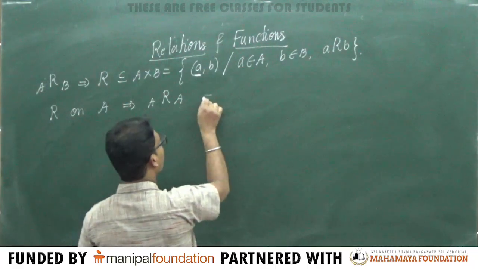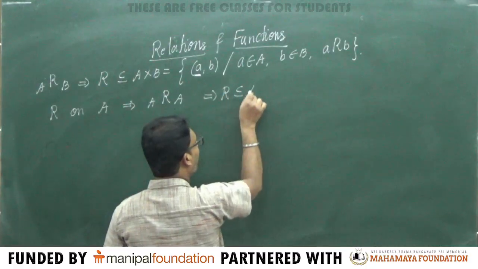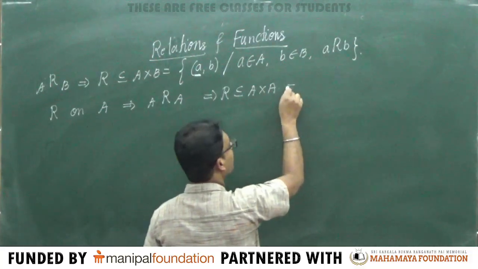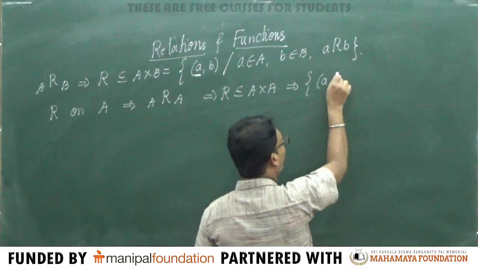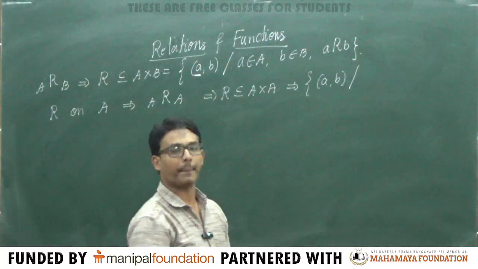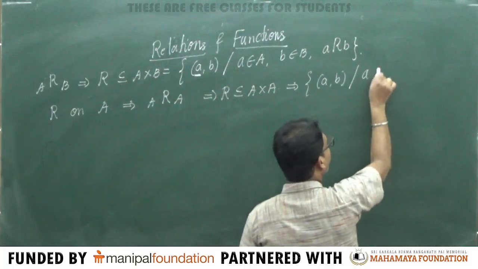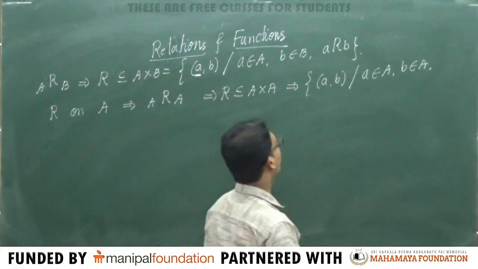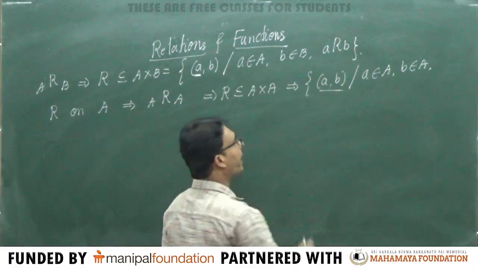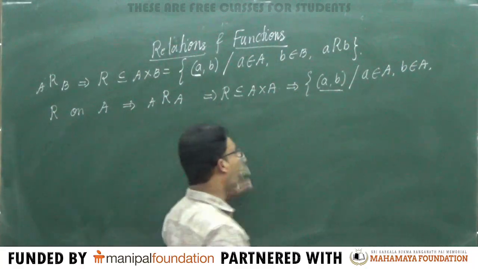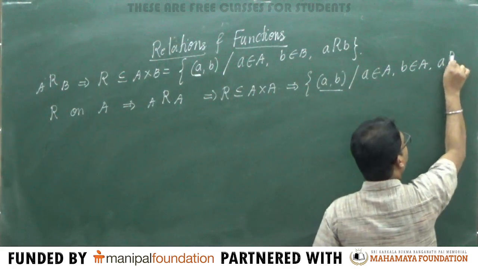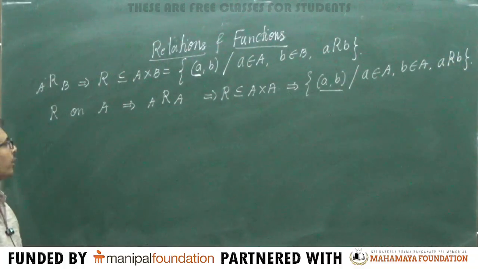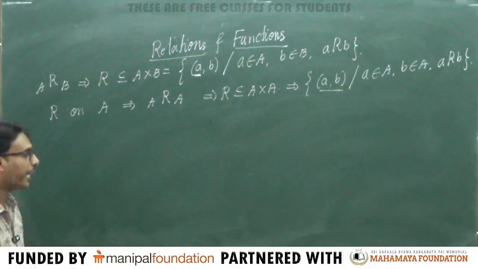That means the relation is a subset of A cross A. That means this also contains all the possible ordered pairs such that the first element is present in the set A and the second element is also present in the set A. If this ordered pair (a, b) is said to be present in the relation R, that ordered pair satisfies the given relation R. So that is the definition of a relation on the set A.